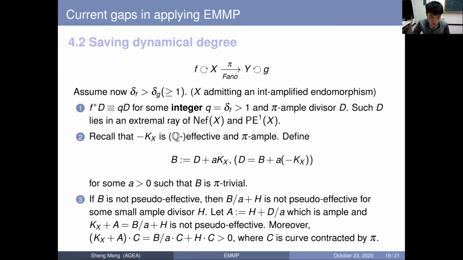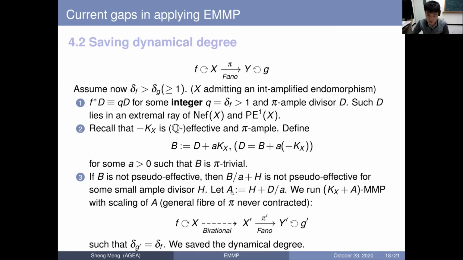So then we let A equal this, and we run the K plus A MMP. This is also a K-MMP indeed, but we choose a very special one: K plus A MMP with scaling of A. Since K plus A intersected with the general fiber of pi is positive, the general fiber of pi is never contracted during this new MMP.